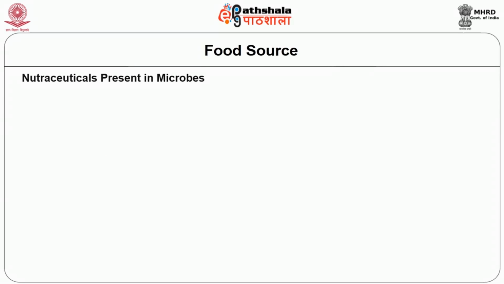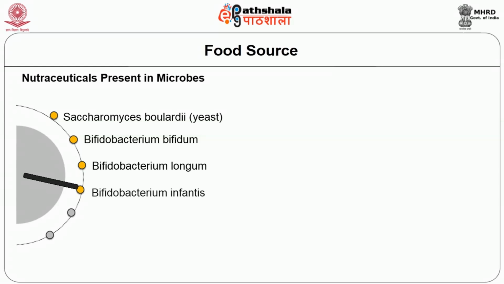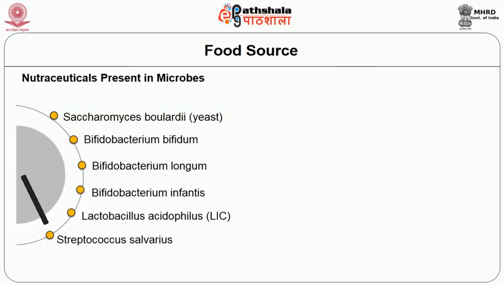Next, we will see the nutraceuticals present in microbes like Saccharomyces boulardii or yeast, and then Bifidobacterium bifidum, Bifidobacterium longum, Bifidobacterium infantis, Lactobacillus acidophilus, Streptococcus salivarius. Also, the nutraceuticals are grouped based upon relatively concentrated foods.